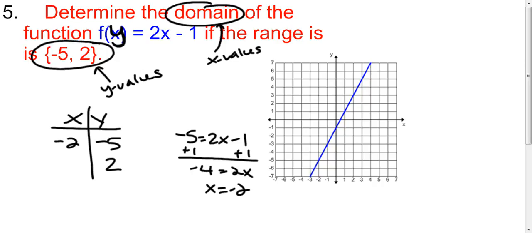But on the next one, if your y value is 2, here's where my y value is 2. Nope, that's not right. My y value is 2 right here. Okay? And I need to figure out what my x value is. So when I plug that in, my y value is 2.